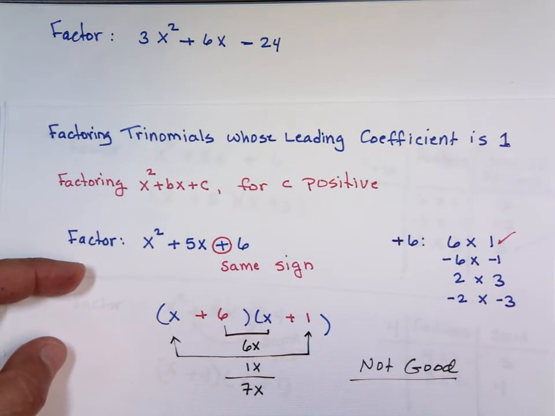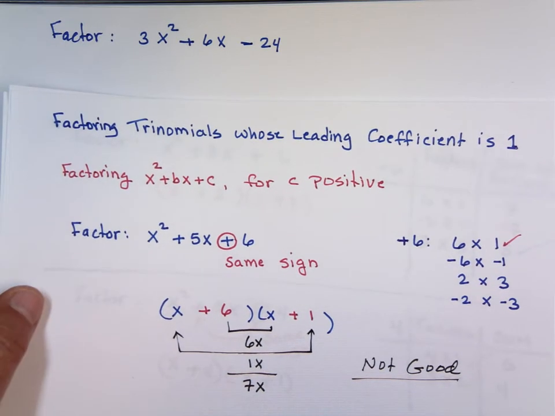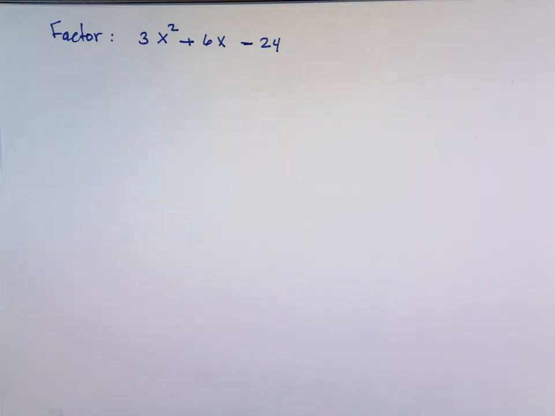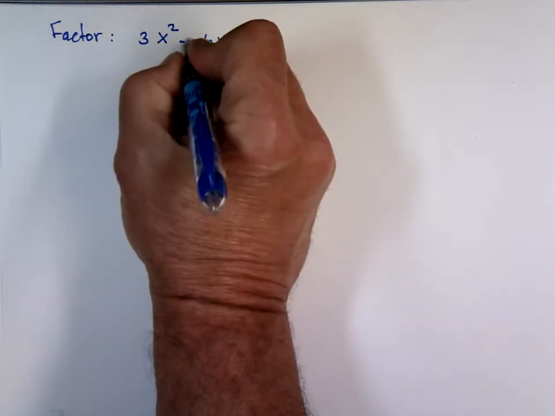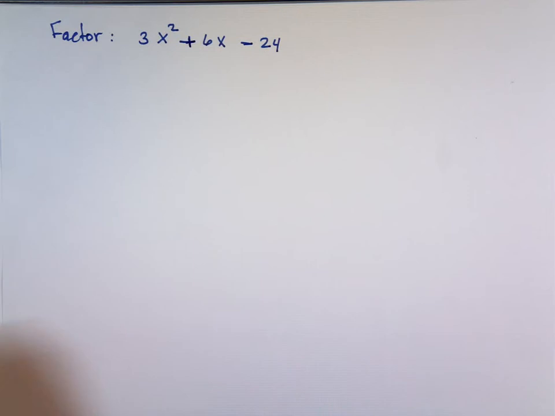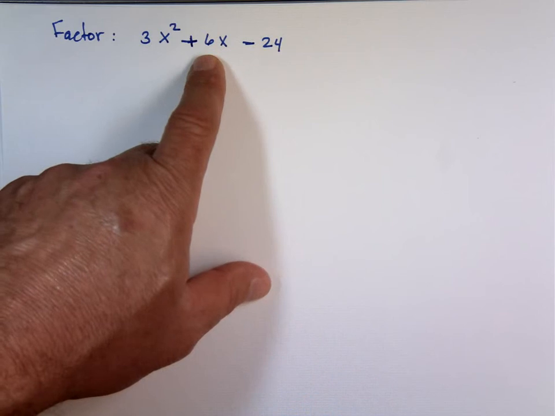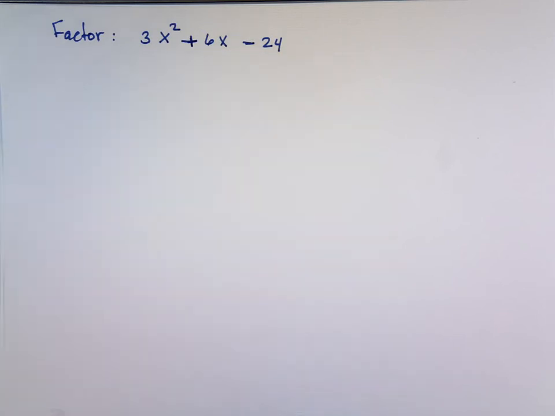Well, I didn't screw up there. The reason that's there is because I'm going to combine this section with the previous one. Remember in the previous video we did the greatest common factor. We can still do that here. If you look at the 3, the 6, and the 24, all three of them are divisible by 3.